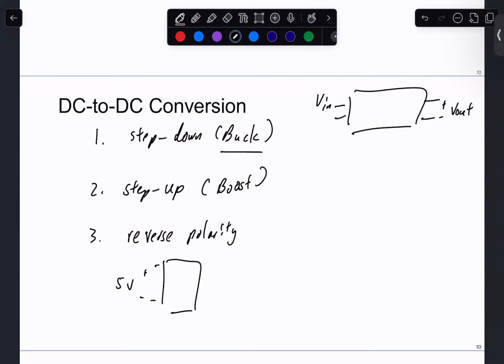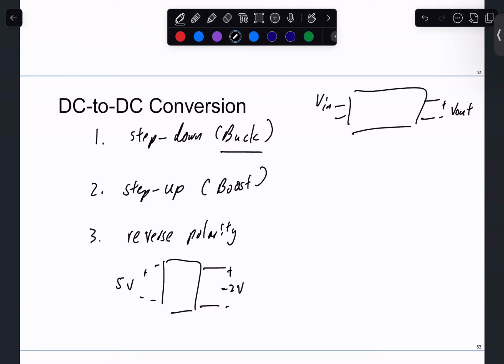What I mean is, let's say I have an input of 5 volts going into the device. Now I want this to be, say, minus 2 volts. So not only do I want to convert up or down, we actually want to change the positive and negative polarity of the voltage.